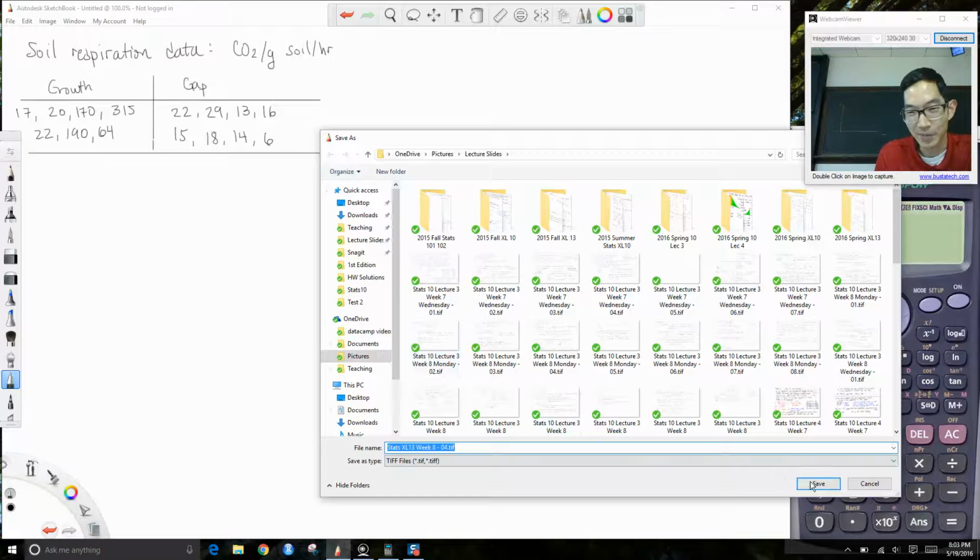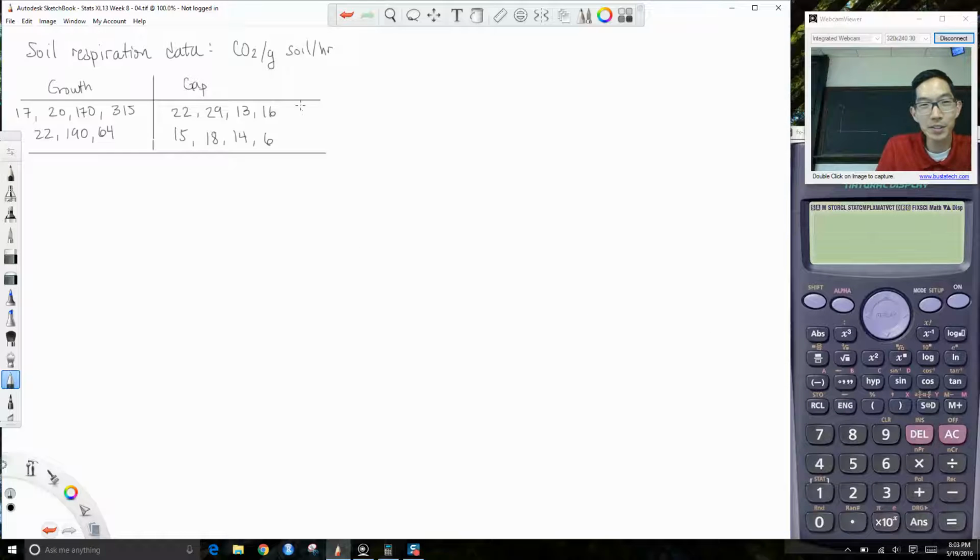Anyway, okay. So this is our data. We have soil respiration values from an area in the forest where there is great growth, and soil respiration values from an area in the forest where there is a gap.